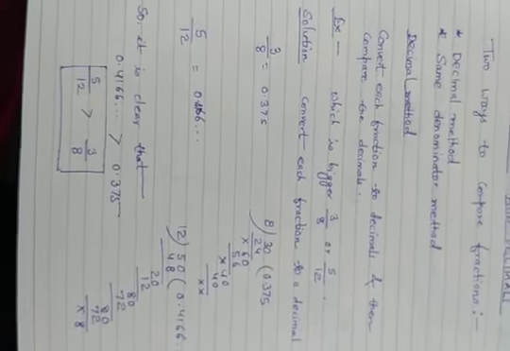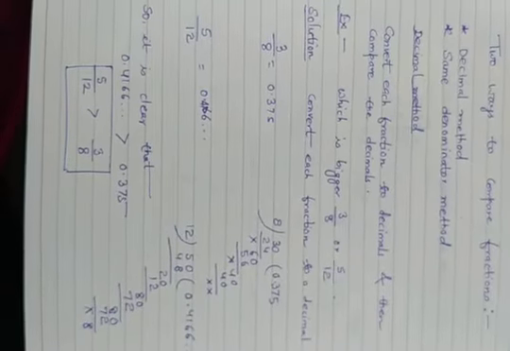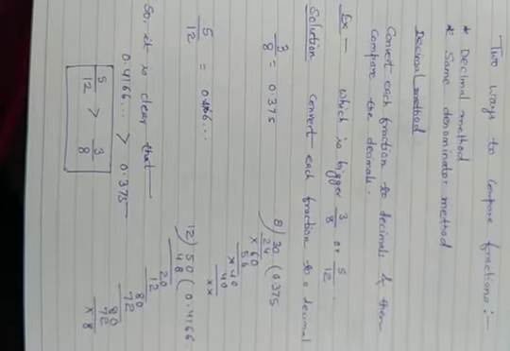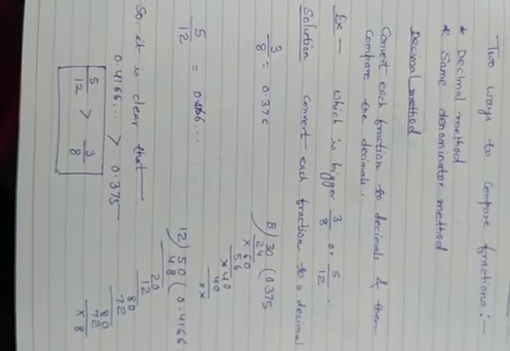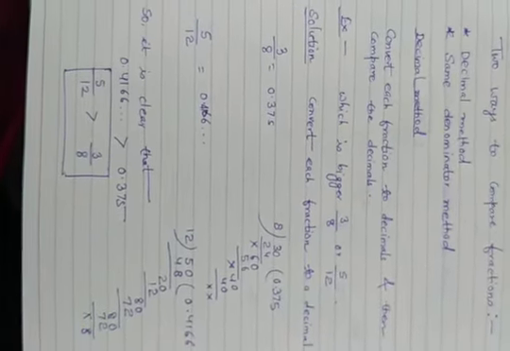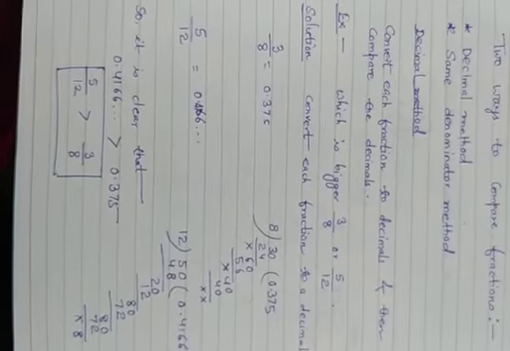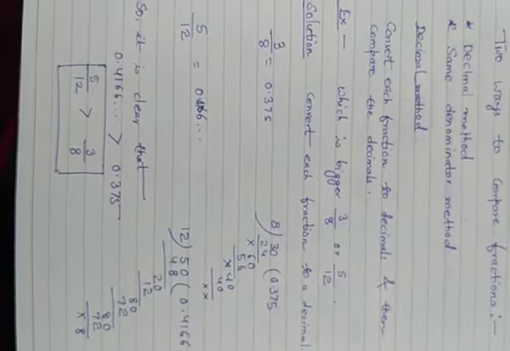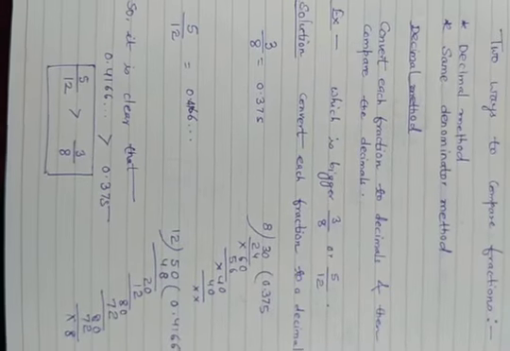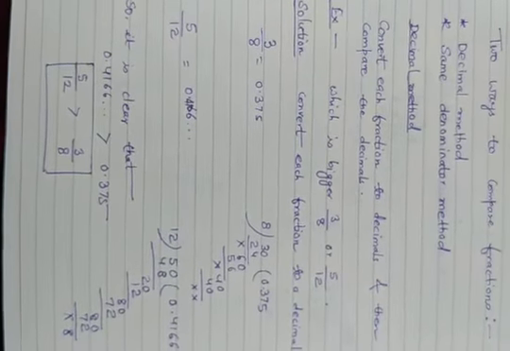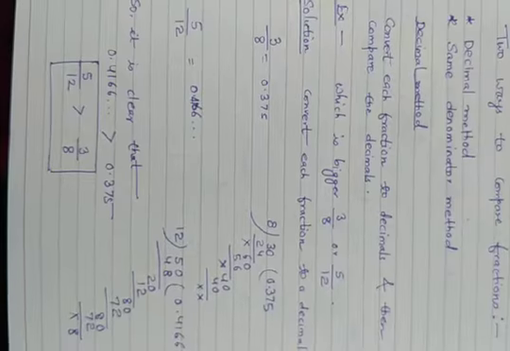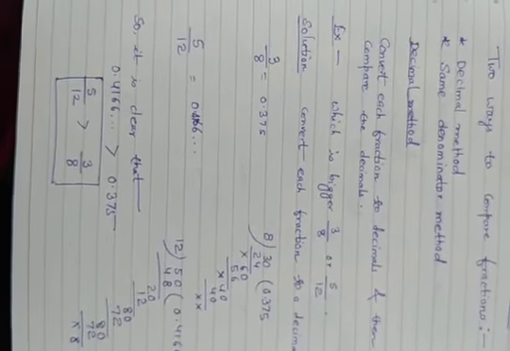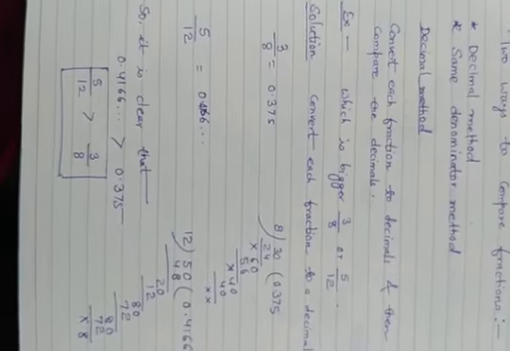You will come to know later in class 9 that this is called a non-terminating decimal. So we can see very clearly that 0.4166 is greater than 0.375. So we conclude that 5 by 12 is greater than 3 by 8.